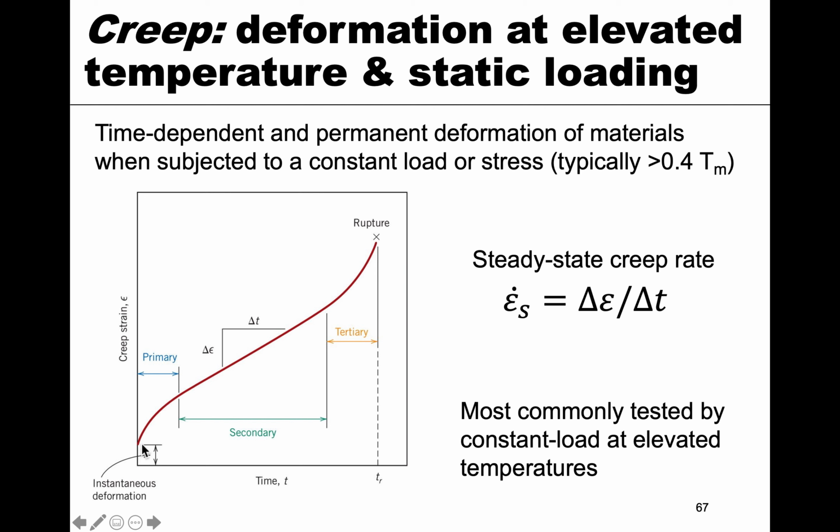And then we refer to three different time periods: primary, secondary, and tertiary before we have rupture. And the slope here is referring to that steady state creep rate. And again, this is most commonly tested at constant loads and then elevated temperatures.